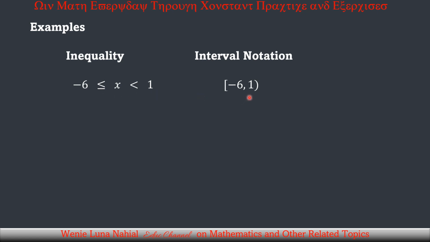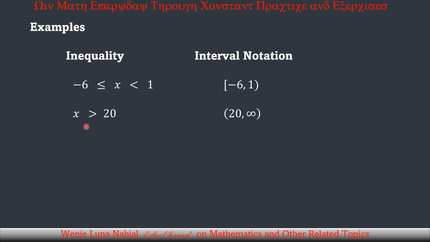In interval notation, that is just half open to the right. Negative 6 is included, but 1 is not included. So this is to be understood as the numbers including negative 6 and those numbers less than 1.